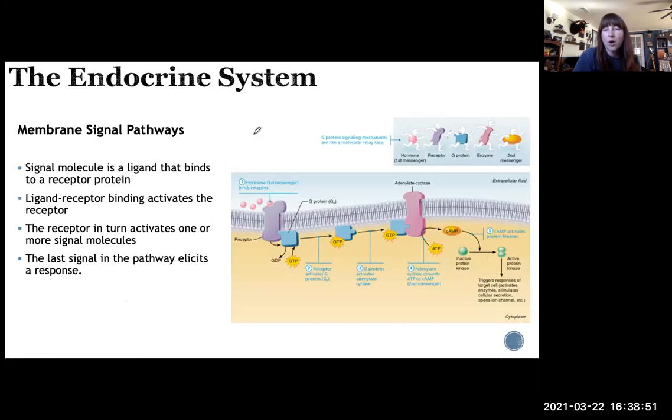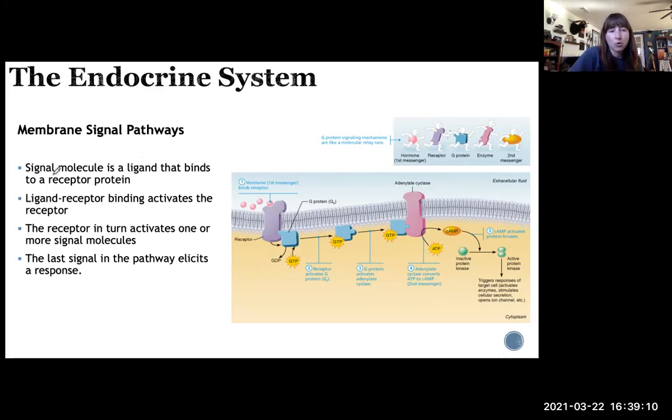All right, so once that signal reaches the target organ, the receptor is actually in the plasma membrane of whatever cell that hormone reaches first in that organ.